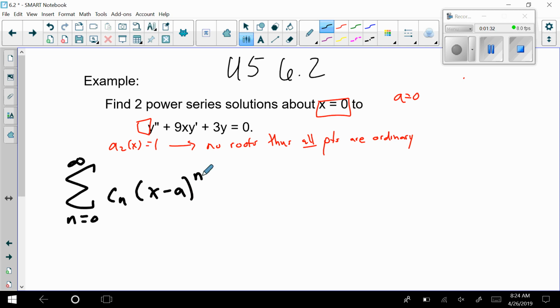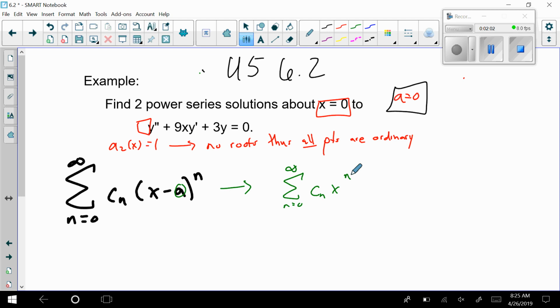And what I said before was typically we have a equal to 0, which we do have in this case. So I'm plugging in a 0 here, and I think the solution will go from n equals 0 to infinity of c sub n x to the n. That's what I think I have right now.